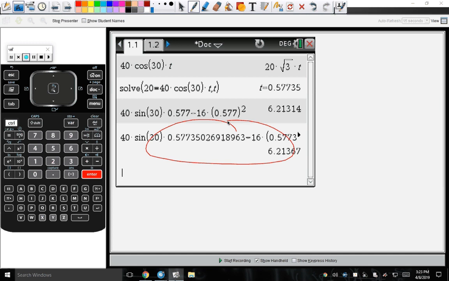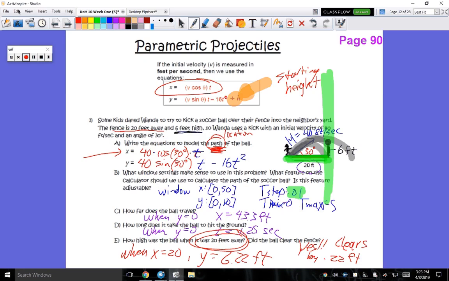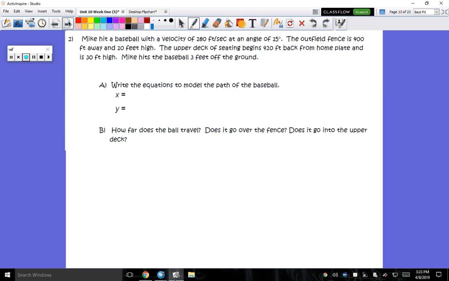Questions? All right, so the biggest problem that we have for today, and then we'll finish up with the circles stuff, which is fairly easy, really easy, is this one right here, okay? This one is kind of putting everything together. All right, here we go. So, Mike hits a baseball with a velocity of 180 feet per second at an angle of 15 degrees.